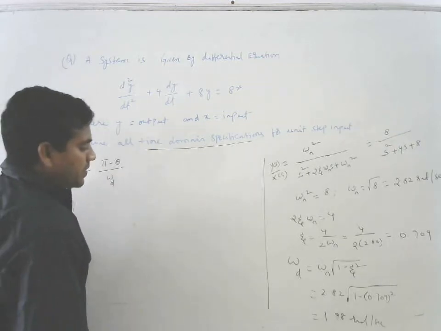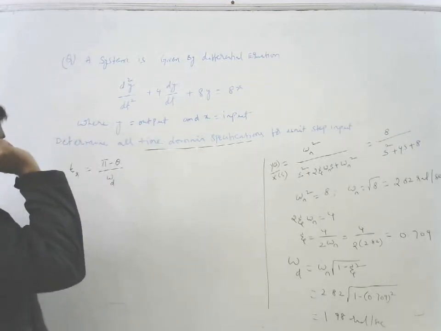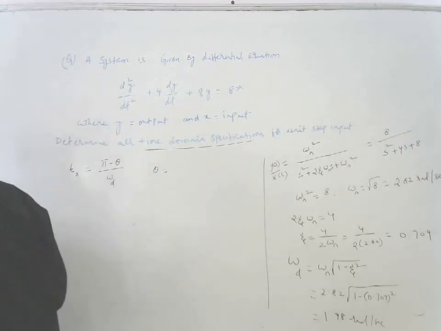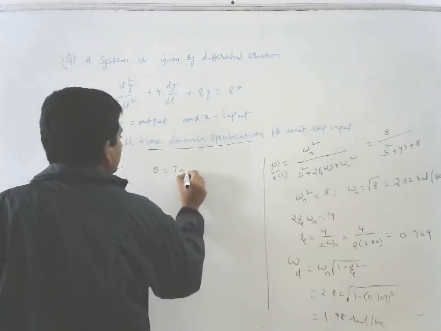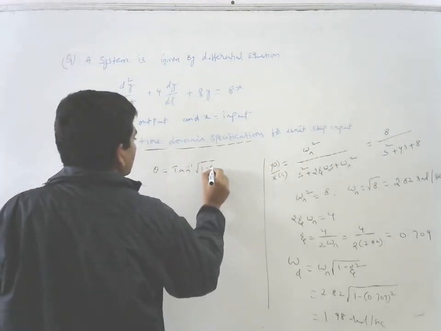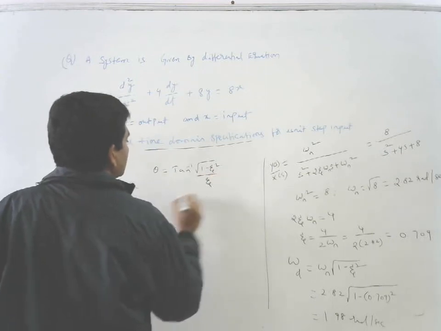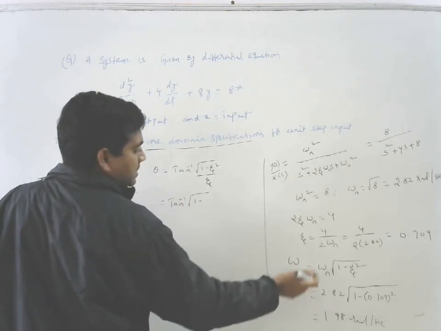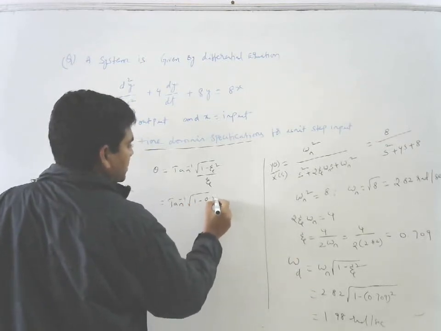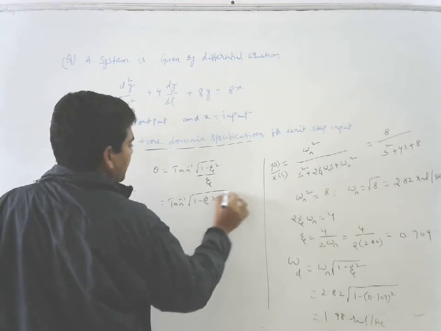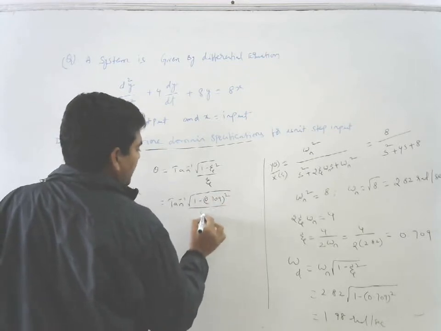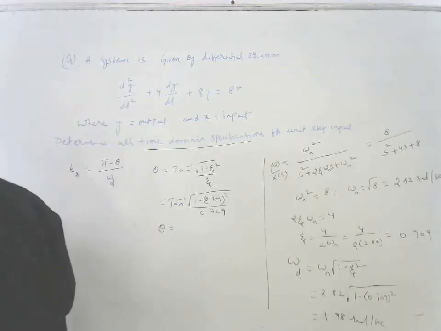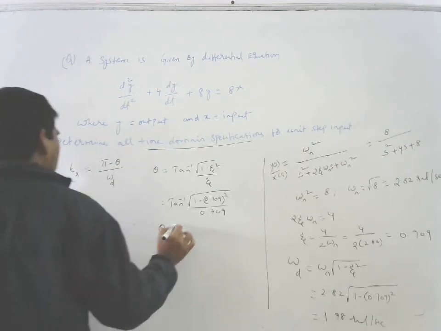We know omega d, but we don't know theta. Theta equals tan inverse of square root of 1 minus zeta square by zeta, which is tan inverse of square root of 1 minus 0.709 whole square divided by 0.709. Simplifying, we get theta equal to pi by 4.